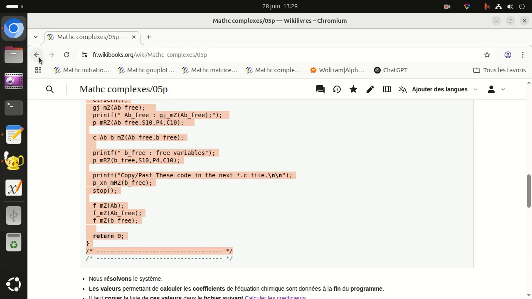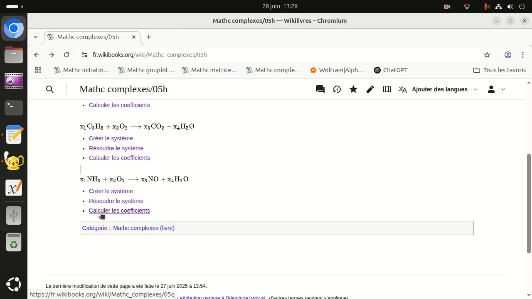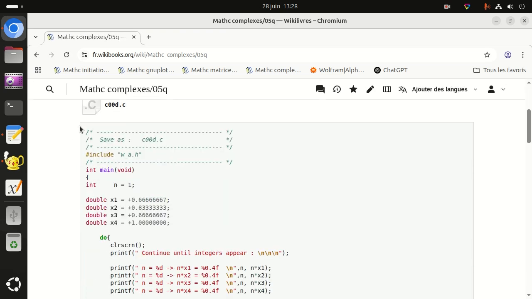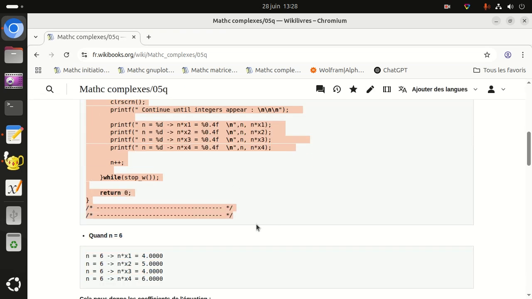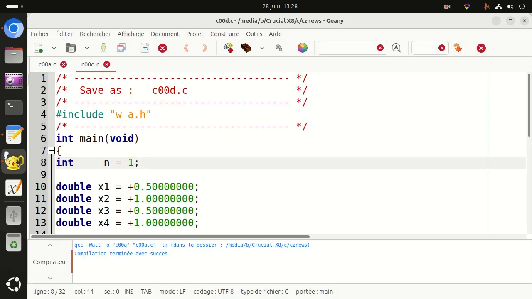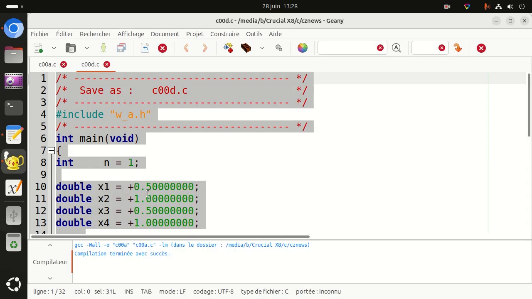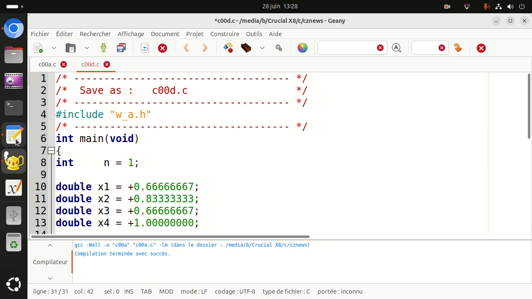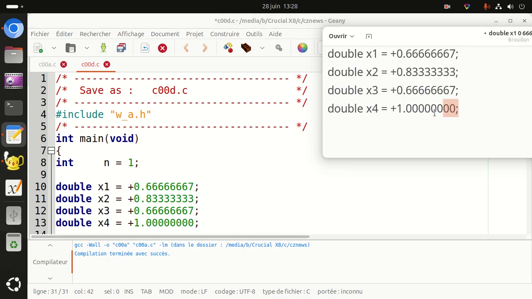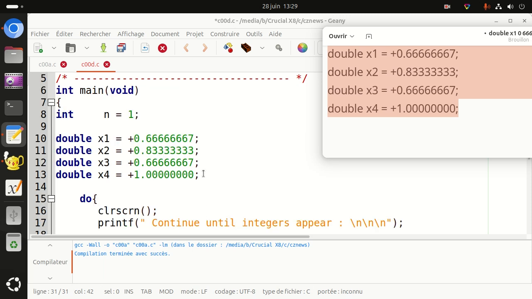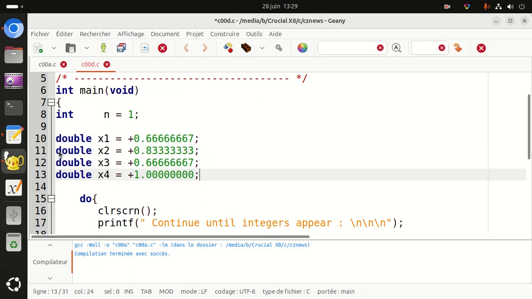And I go into compute the coefficient. This is the value that I have computed. I copy this value here.